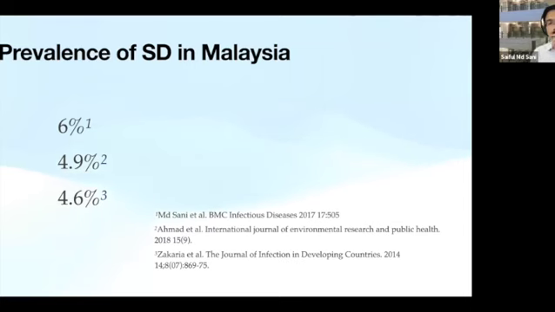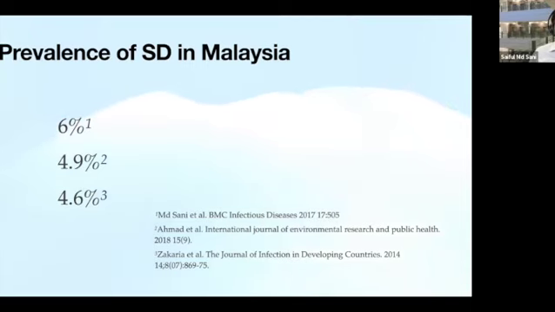Okay, so there have been three studies which look into the prevalence of severe dengue in Malaysia, and the good thing is all three papers look at the WHO 2009 criteria classification method. The first paper looked at 6%. That was our paper, and in fact, I wrote it with Dr. Julina from UiTM Hospital Sungai Buloh.